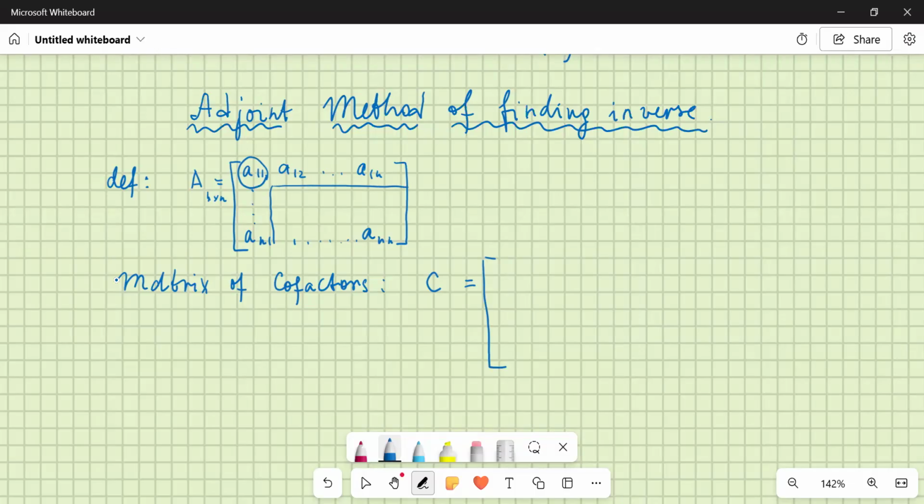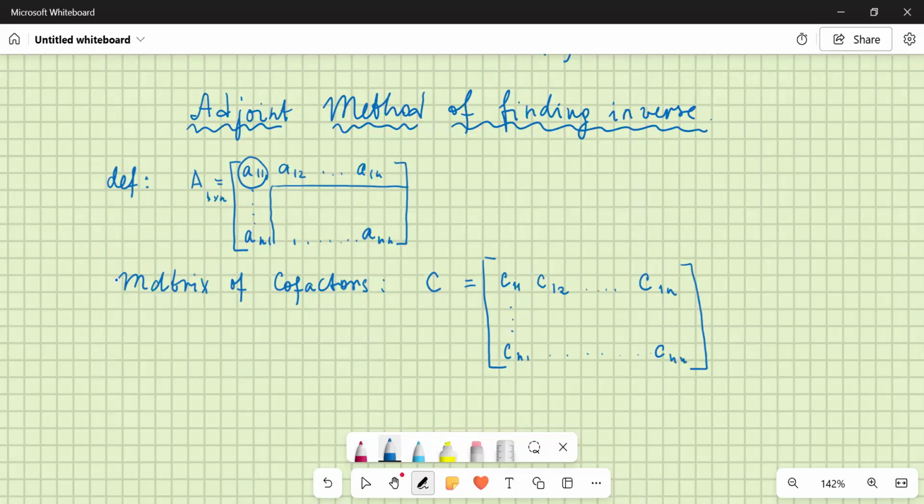I'm going to label that number as cofactor C11. And for every other element, I'm going to calculate the cofactor and put it in the position where the element was sitting. For example, here C12, and over here C1n and Cn1. Again, those C's are cofactors of their elements.